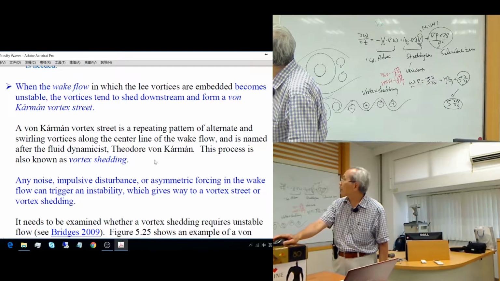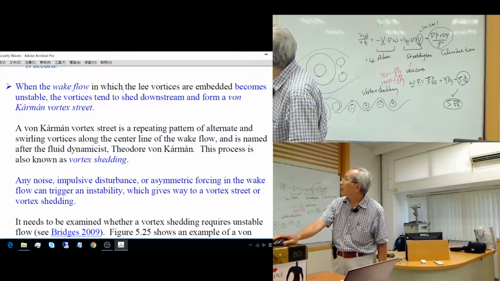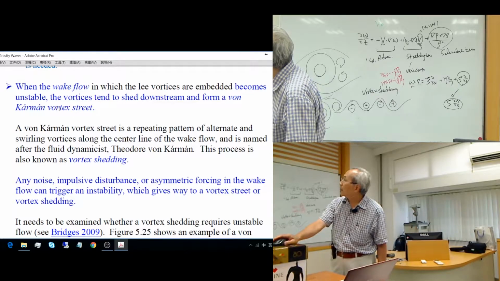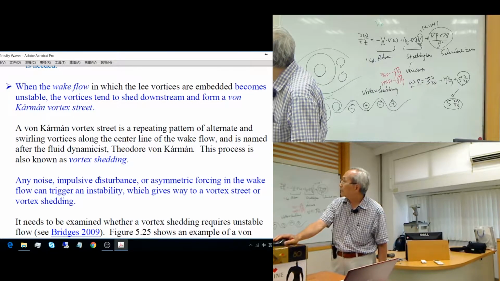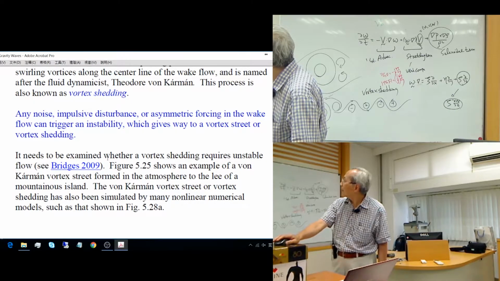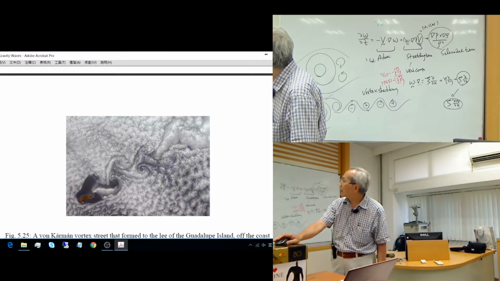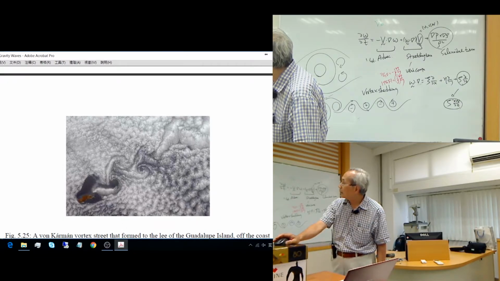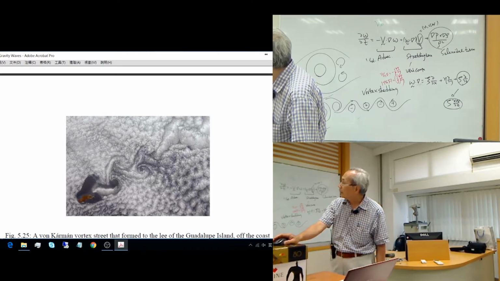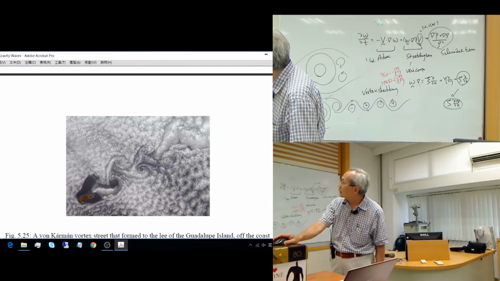So that's also called the von Karman vortex street or von Karman vortex shedding. So here, what comes in, we generate a pair of vorticity, but then one of them dominates and sheds, and then another negative one is generated. So one by one, we have the vortex shedding here.